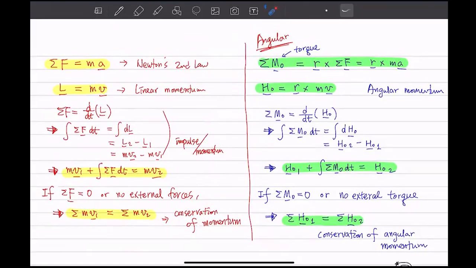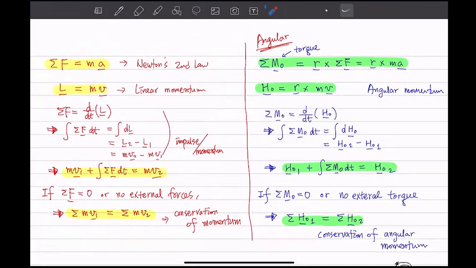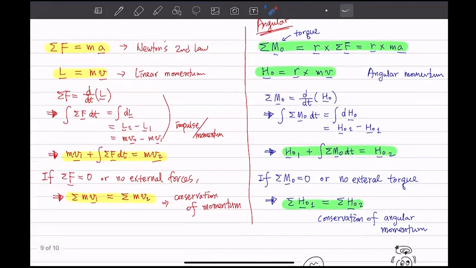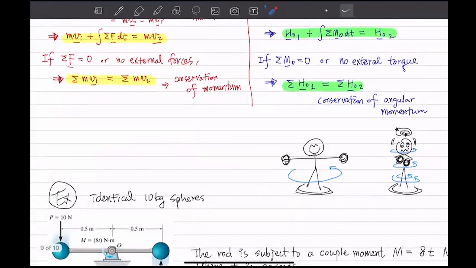Okay, so as long as you have a nice concept here, then translating from linear to the angular, you need to practice, and you need to get used to this kind of new space, but it's not a totally new thing. It's just a slight transition from one to the other, okay? And here's a small cartoon.